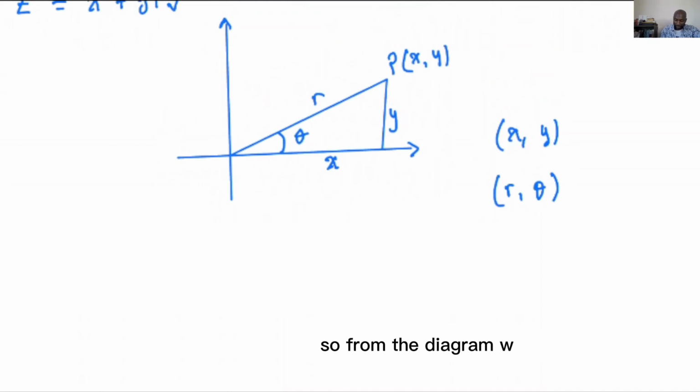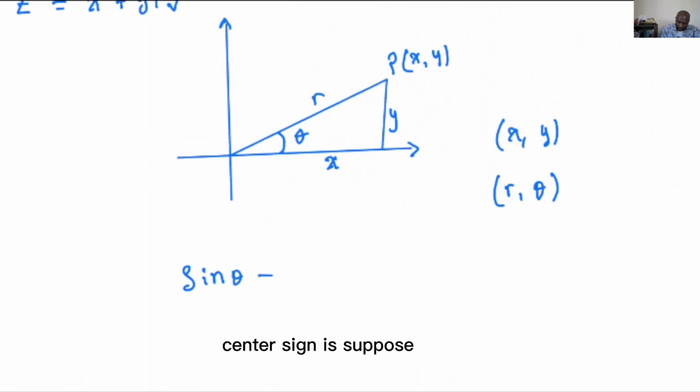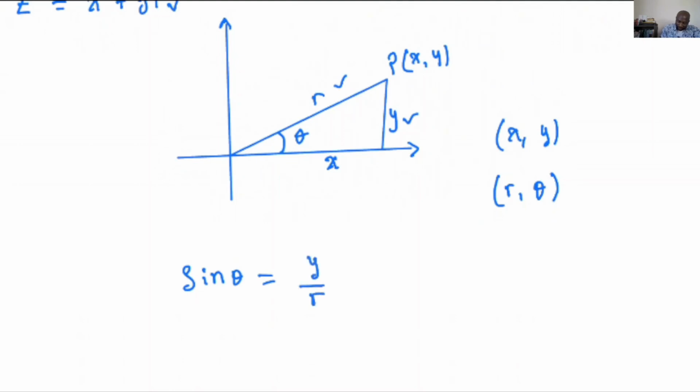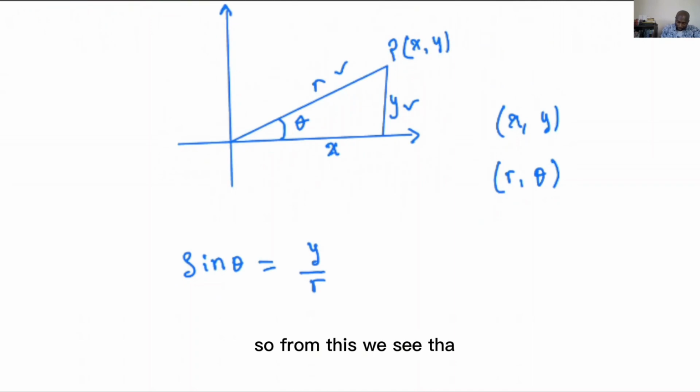So from the diagram, we see that sine of the angle theta, sine is opposite over hypotenuse. The opposite side is y and the hypotenuse is r. So from this, we see that y is just r sine theta.